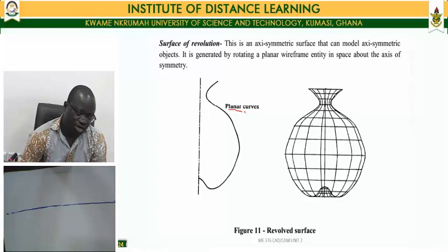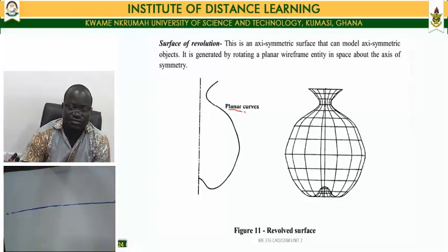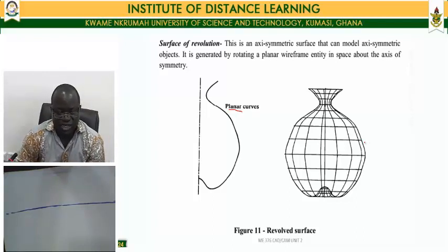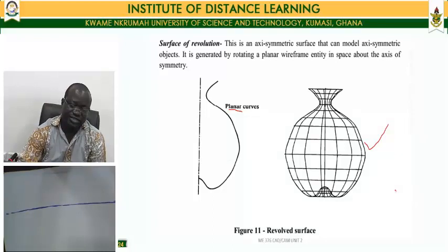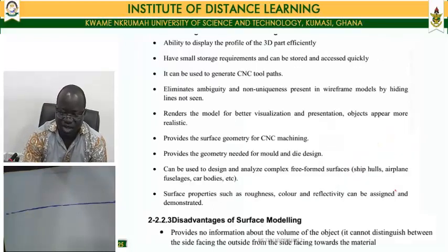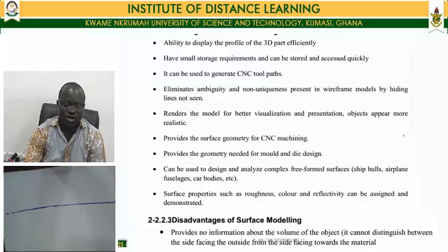Now, when it comes to surface modeling, some advantages are as follows. If you have a surface model, you can display the profile of the parts quite efficiently. It has small storage requirements. However, this is not as small compared with wireframe. Wireframe has a smaller storage requirement than surface model.